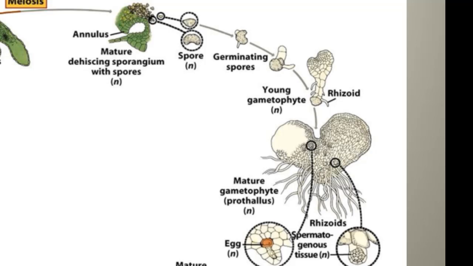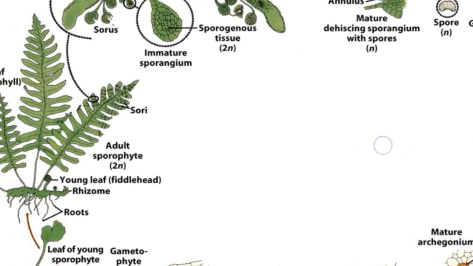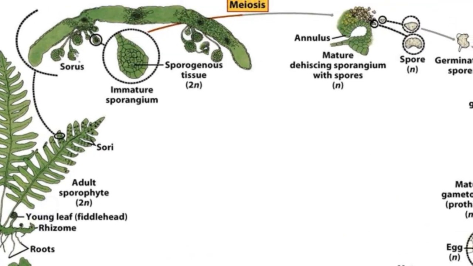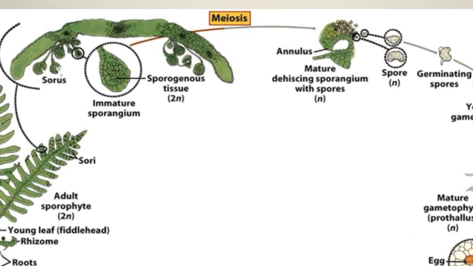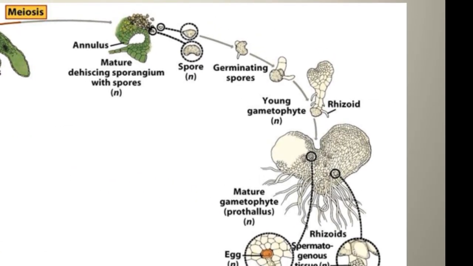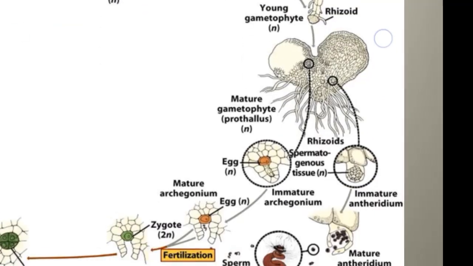It means this is the gametophytic stage, and this one is the sporophytic stage. Both are able to prepare their own food. Alternation of generation is present here, but they do not depend upon one another; they are independent for the purpose of food preparation.